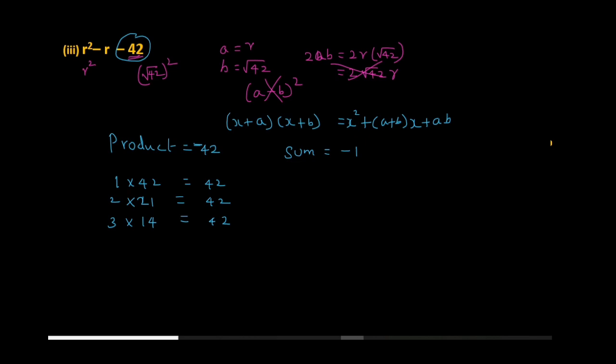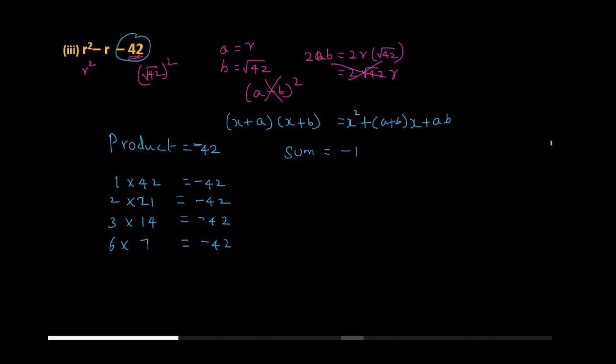4 table we will not get. 6 into 7, 42. But we need to get minus 42, which means one of the factors should be negative. Either 1 is negative or 42 should be negative, 2 is negative or 21 should be negative.